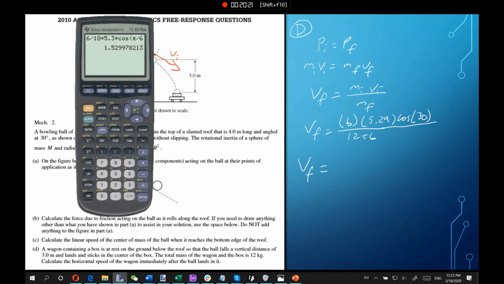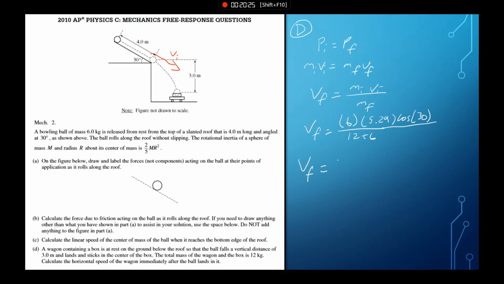Yeah, I got it. Okay, cool. So we're at 1.53. What are our units? Meters per second, and we should be good.